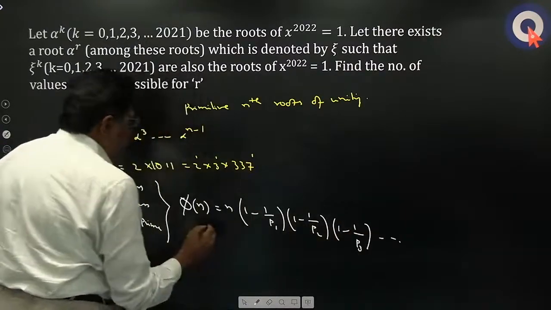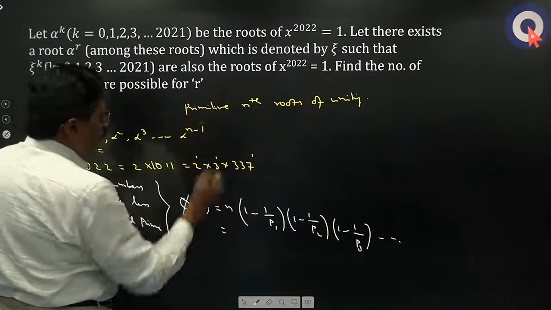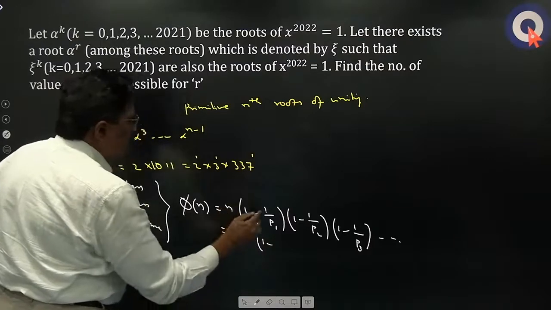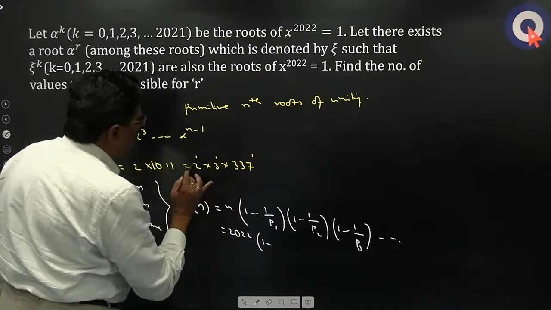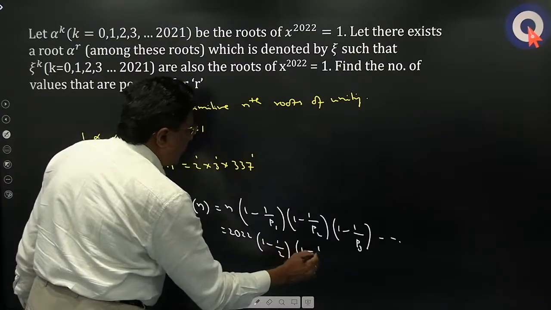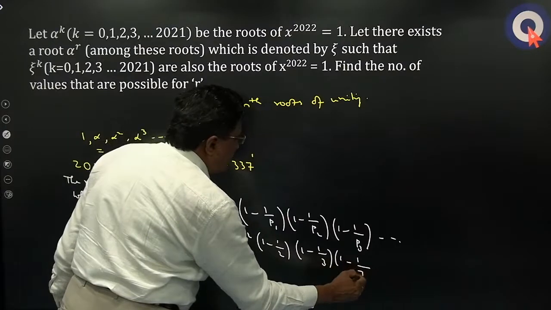So in this case, n is 2022 multiplied by (1 - 1/p) over the prime factors: 2 is a prime factor, 3 is a prime factor, and 337 is a prime factor.